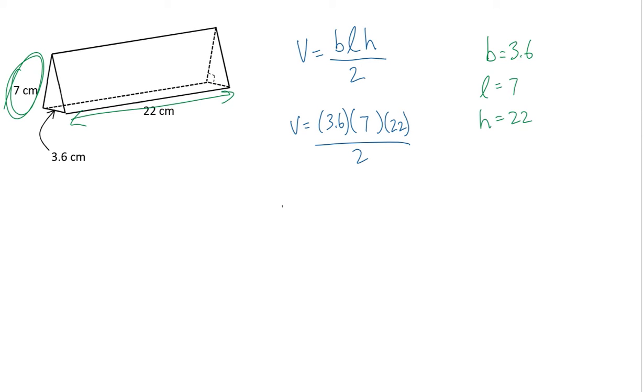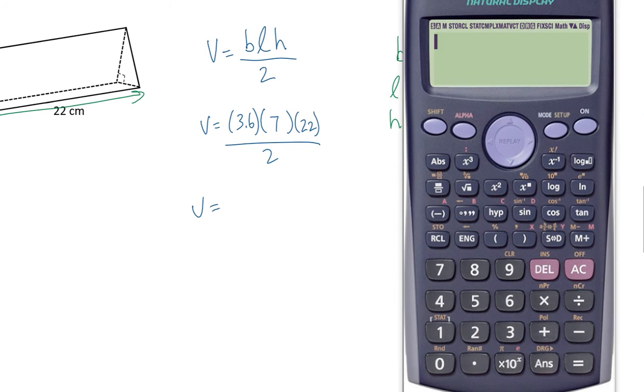So it's not going to change the answer. So again, we'll pull out the calculator. 3.6 times 7 times 22 divided by 2. And I get 277.2, and this is centimeters cubed.